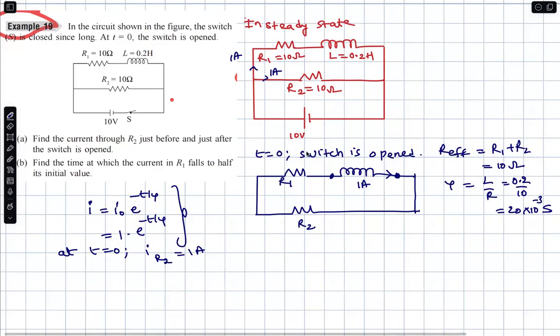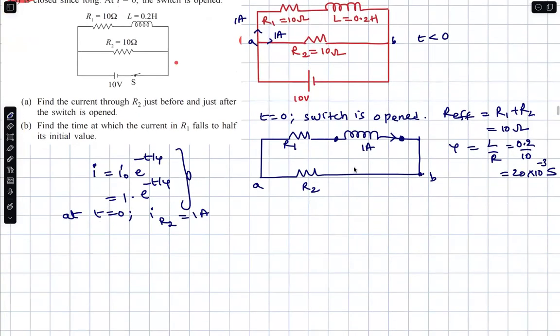But remember, just before t equal to 0, current is from A to B, whereas just after t equal to 0, the current is from B to A. IR2 is 1 amp.